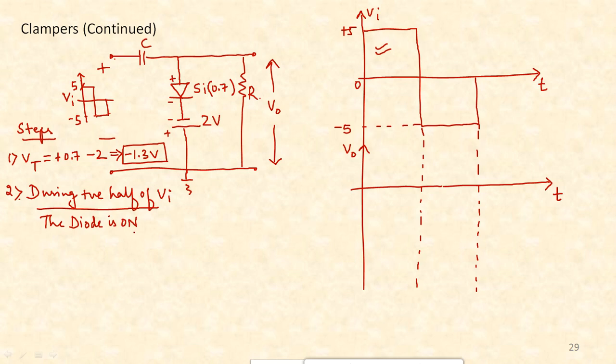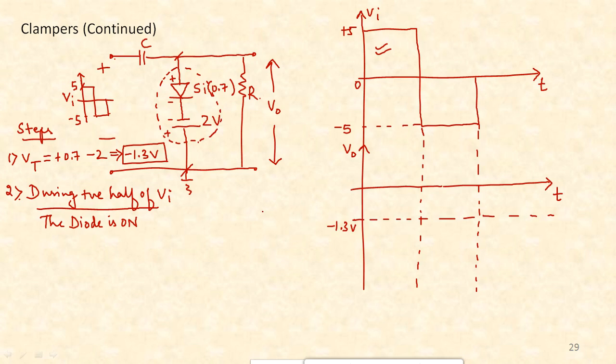Since the diode is on, it behaves like a short circuit. However, the drop across this path is the combined effect of the battery as well as the diode, which is nothing but the transition voltage, that is minus 1.3. So I'll have to draw this transition voltage here, minus 1.3 volts.